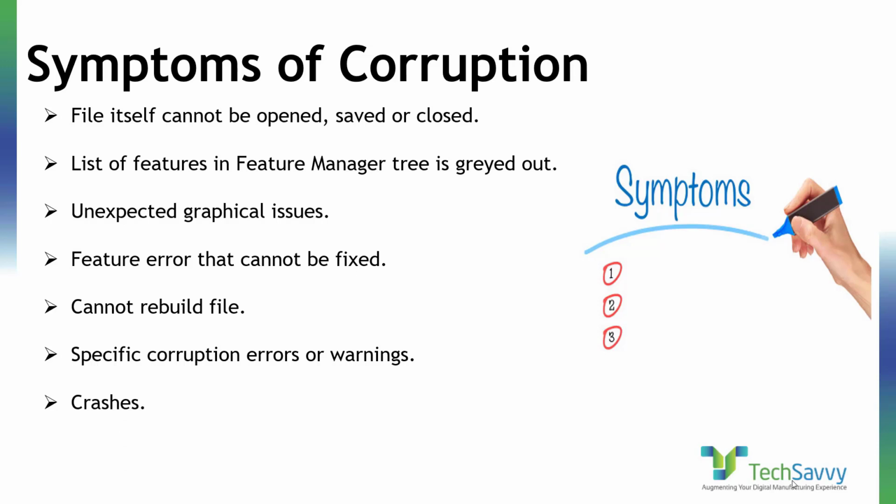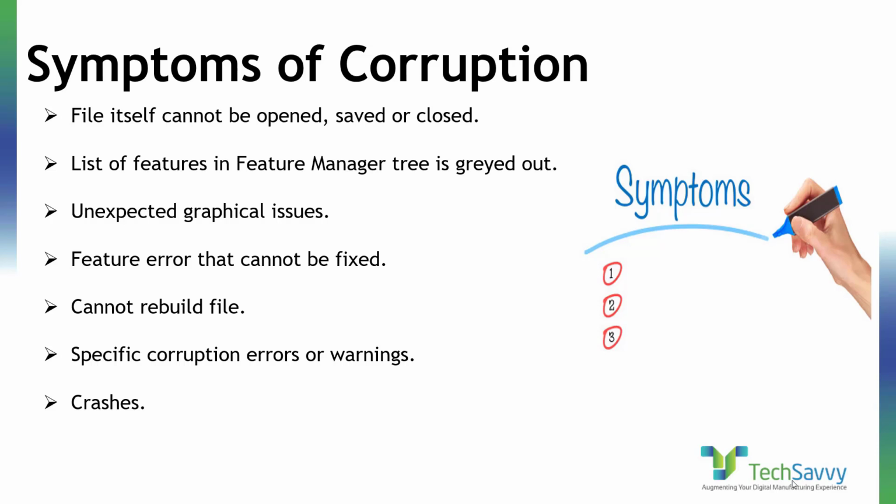And crashes, like if you are not having the latest service pack of your version. If you are working in SolidWorks 2020 and you are on service pack 0 or service pack 1, there are some bugs in service packs, so you should update your service packs every 1 to 3 months so that your SolidWorks won't crash. So updating the service pack can also help you not get your file corrupted.